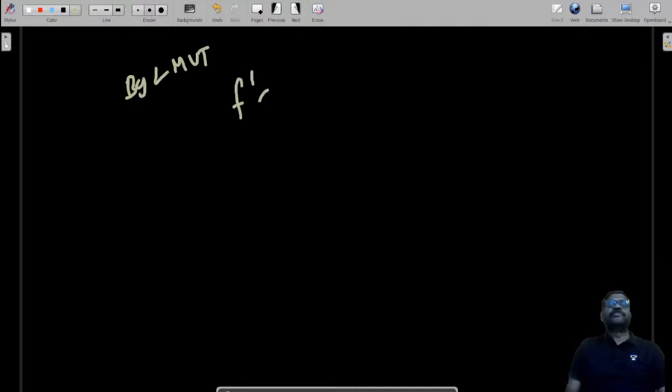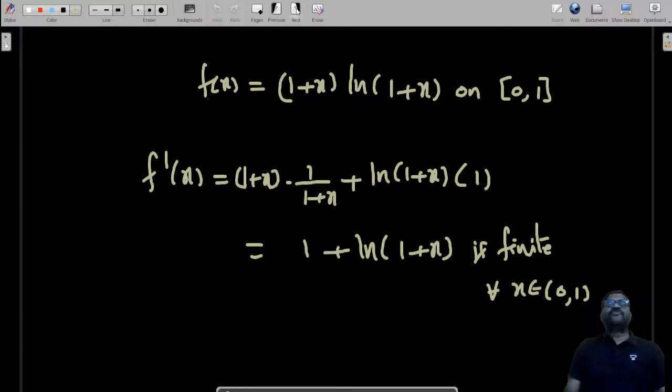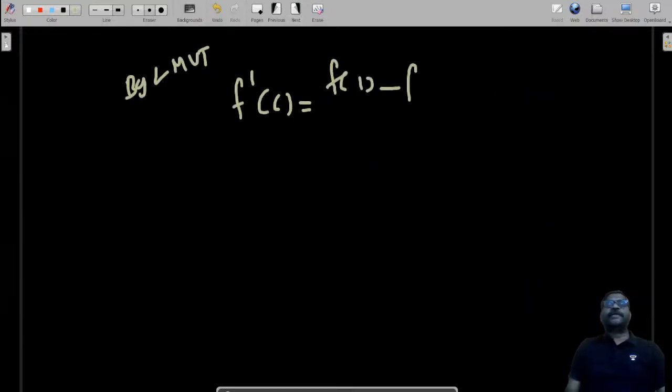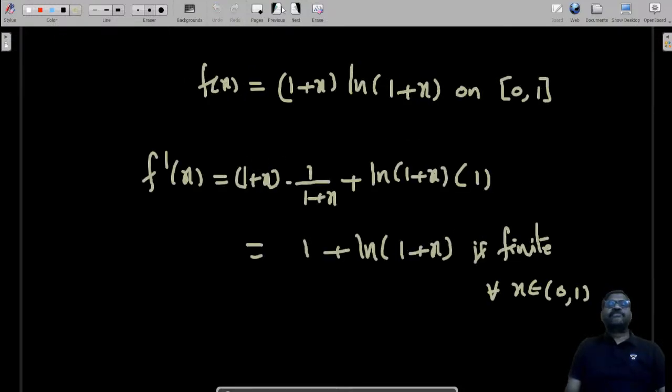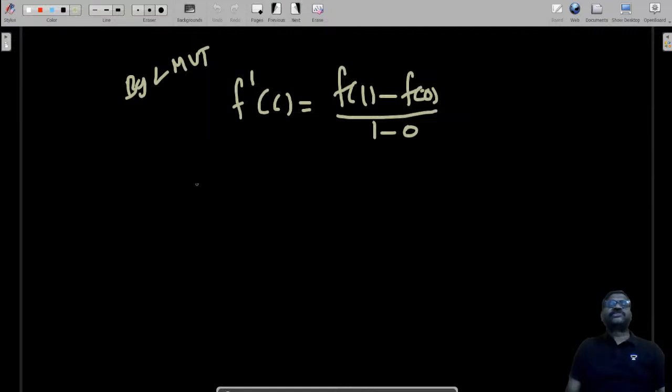Now by Lagrange's mean value theorem, f dash c equal to f of 1 minus f of 0 by 1 minus 0. F dash c is 1 plus log 1 plus c.